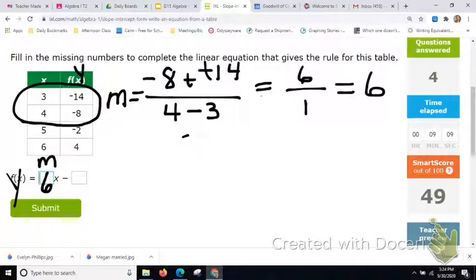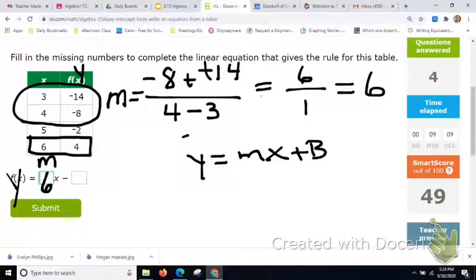This is the same as saying y. And then I need to choose one of the points, and I can choose whichever one I want. I'm going to choose this guy down here who doesn't even have a negative sign. So if I write y equals mx plus b, and this y is 4, and m here we said is 6, and my slope, we just found out, is also 6.